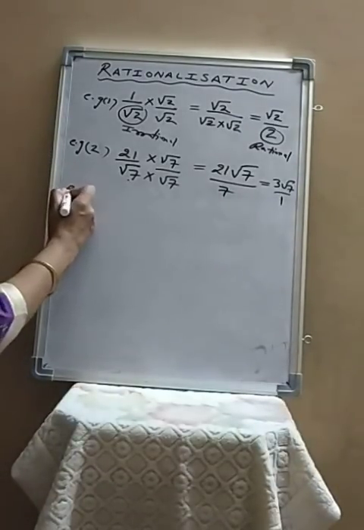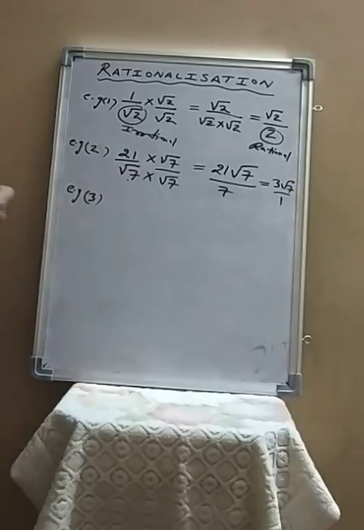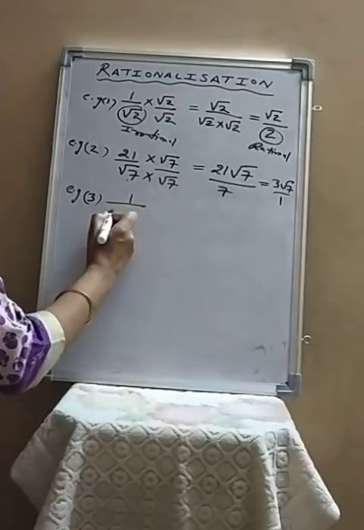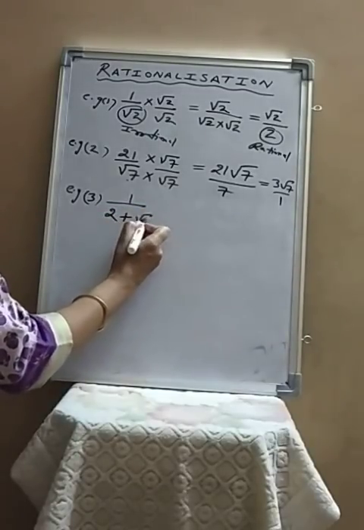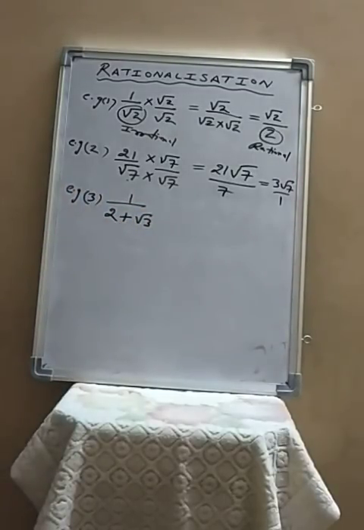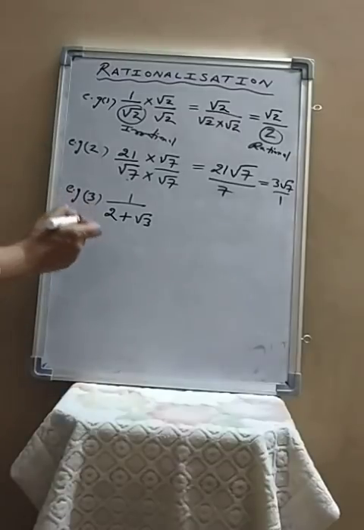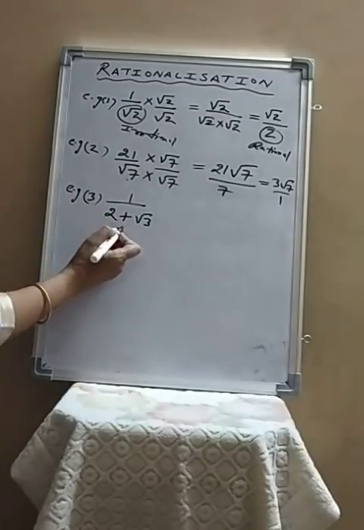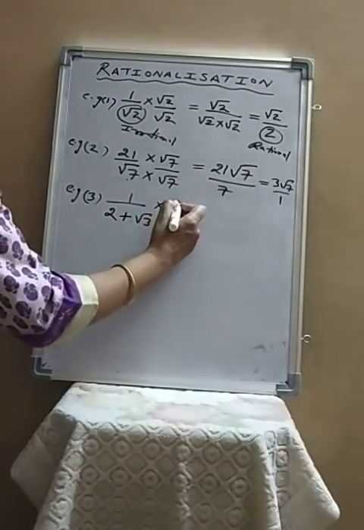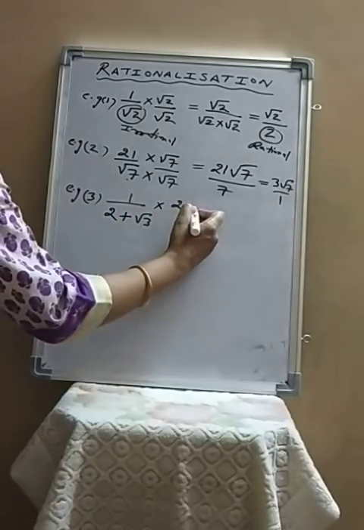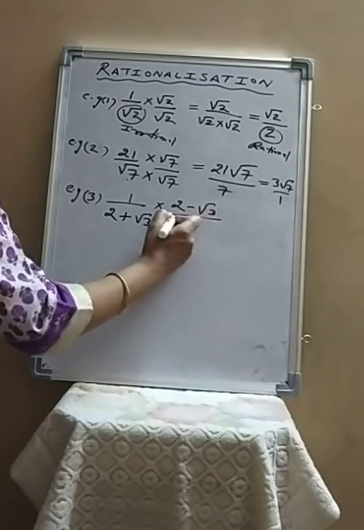Now let us take an example in which the denominator is a binomial. Say it is 1 upon 2 plus root 3. Here we have a binomial in the denominator. So in such cases, we multiply the numerator and denominator by 2 minus root 3.